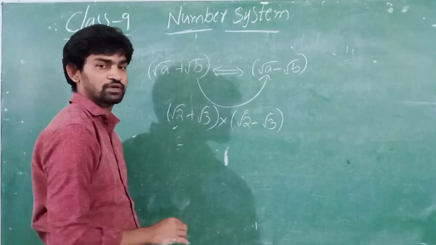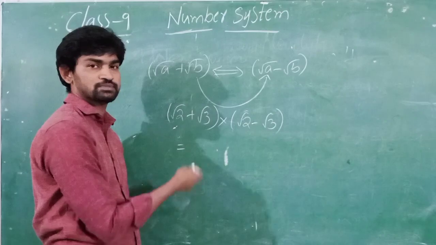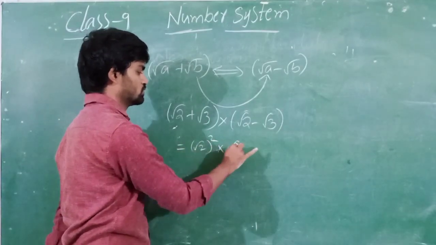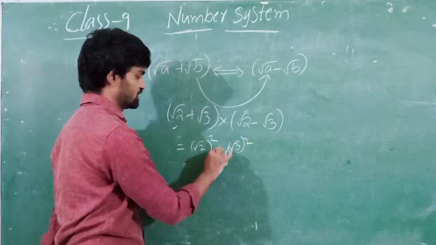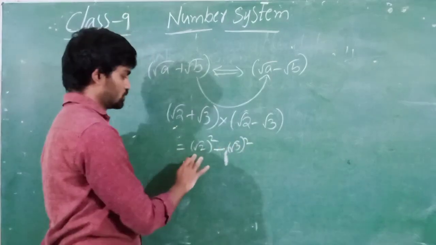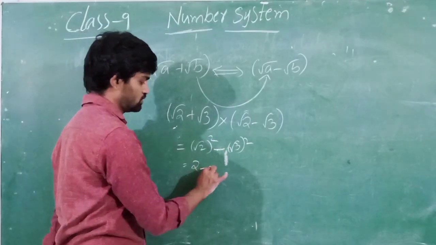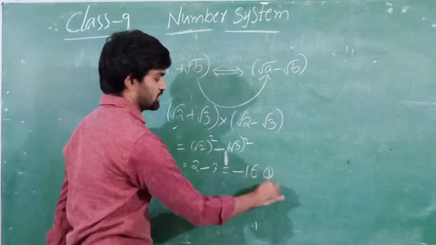This is the product we are doing: a plus b into a minus b, a square minus b square. So root 2 whole square minus root 3 whole square. Here the root and the square get cancelled, we get 2, here 3. So our answer is minus 1, which is a rational number.